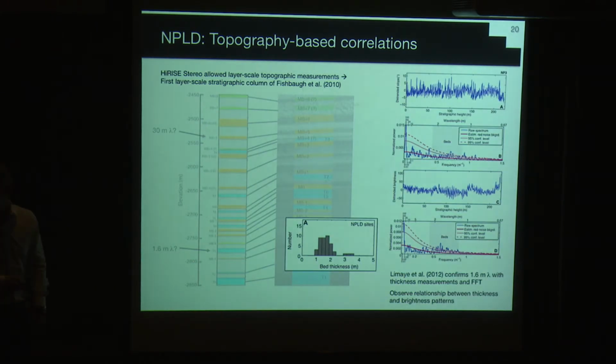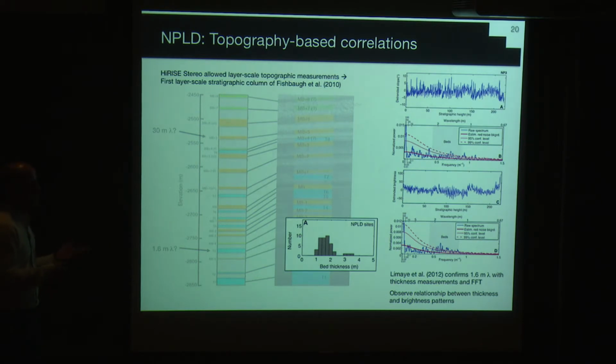And then the same Lemay et al. study that I mentioned before that studied the SPLD also did a study in the NPLD, and they found that the thicknesses of these layers were clustered more around these lower values. And with spectral analysis, they also found the only statistically significant periodicity to be 1.6 meters, with thickness measurements and fast Fourier transform of both slope and brightness.